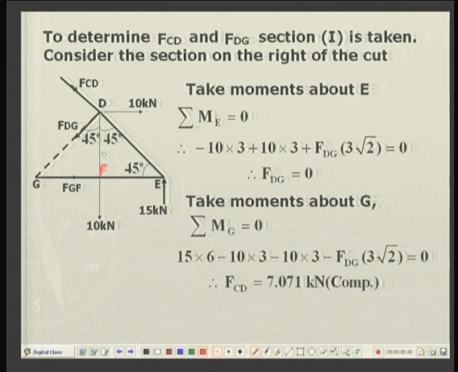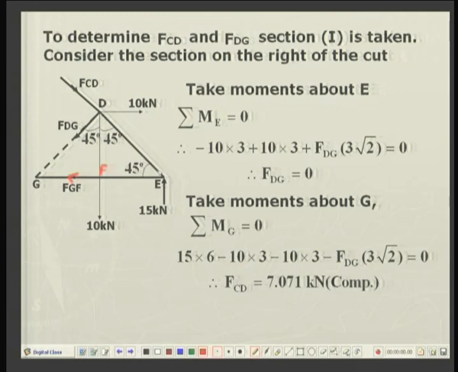Now, first of all, we will solve for DG. Why? I will tell you. So, the forces FCD and the force FGF, which are produced due to this cut, they both pass through point E. Okay.